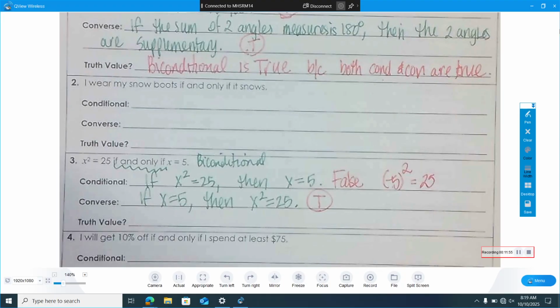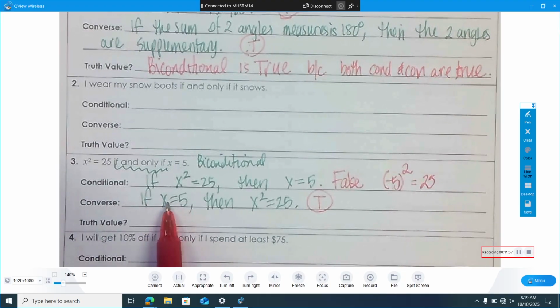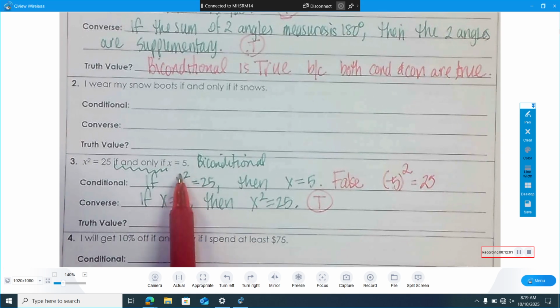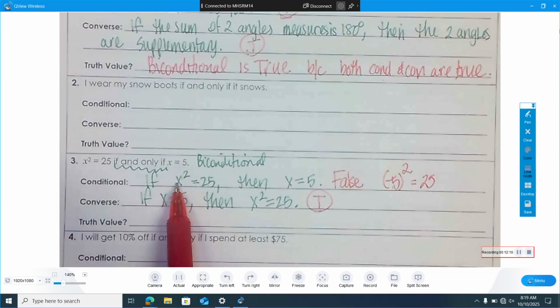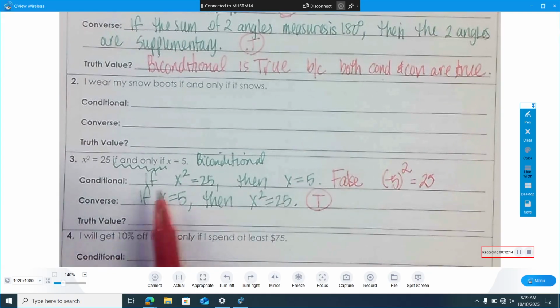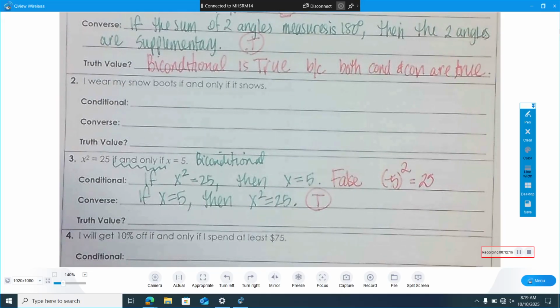Okay. So here we're just starting with one value. And so the difference here is we're solving an equation. X squared, what number squared gives us 25? There's more than one number that gives us 25 when we square it. All right, 5 does, but so does negative 5. So that's a kind of a tricky one.